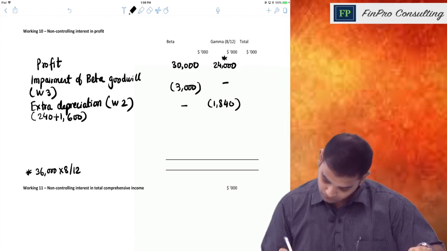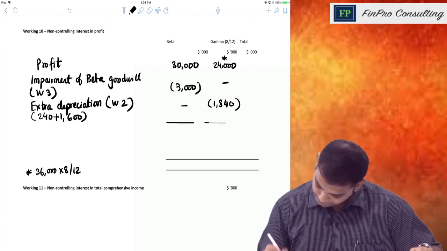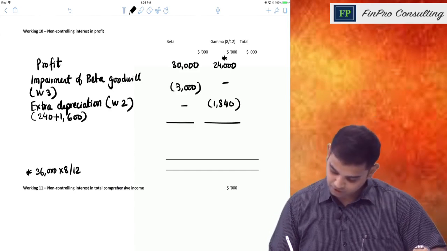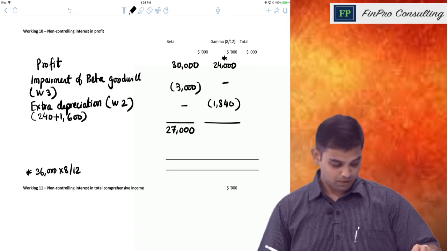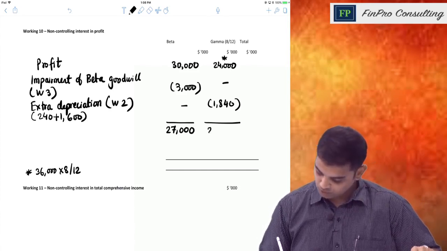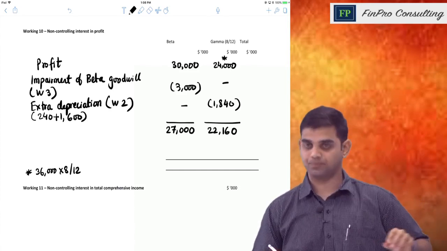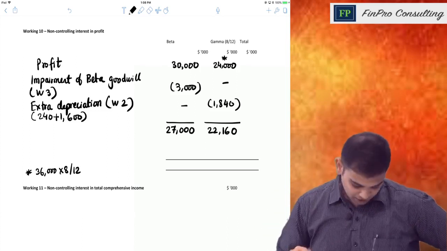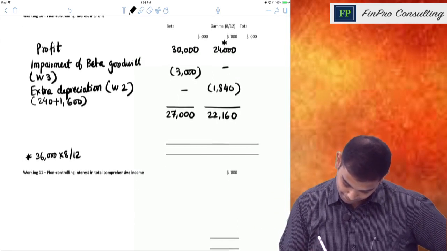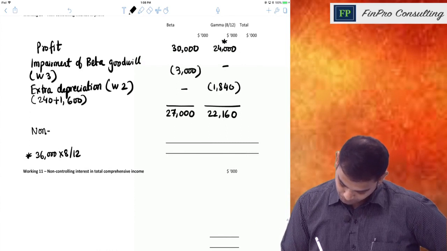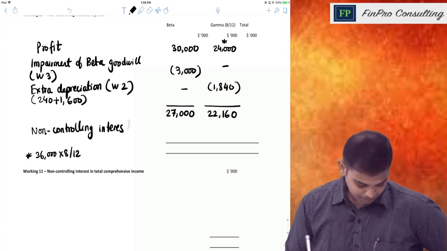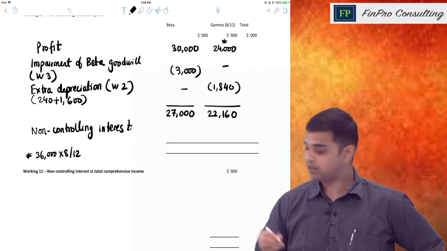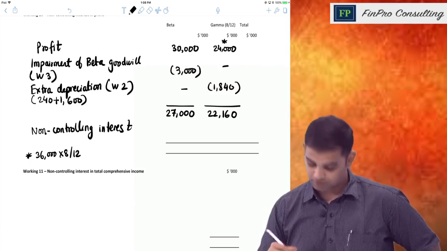Take the subtotal: 27,000 and 22,160. Now, what is the share of non-controlling interest? In beta, it is 25%, because 75% is owned by alpha.